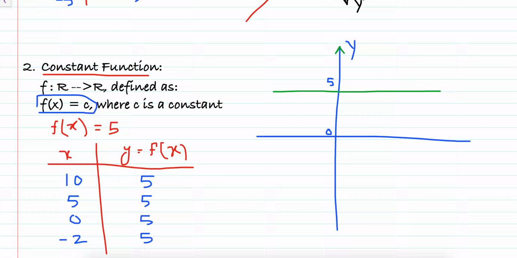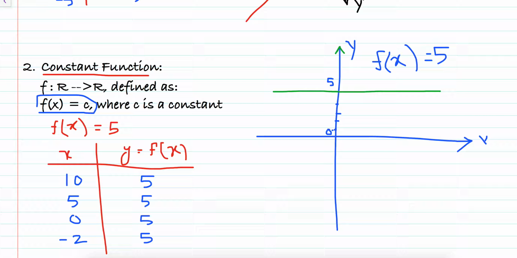This is origin here. One, two, three, 4, 5. So this is for f(x) equal to 5.